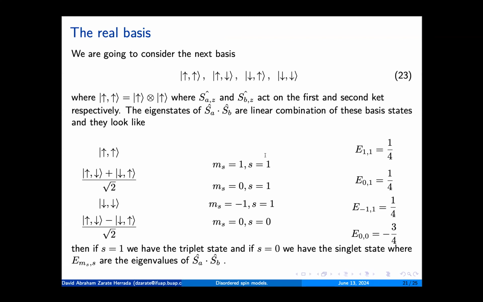Now, using the real basis that I said previously, we can get the corresponding eigenstates and eigenenergies for the triplet, for these quantum numbers.